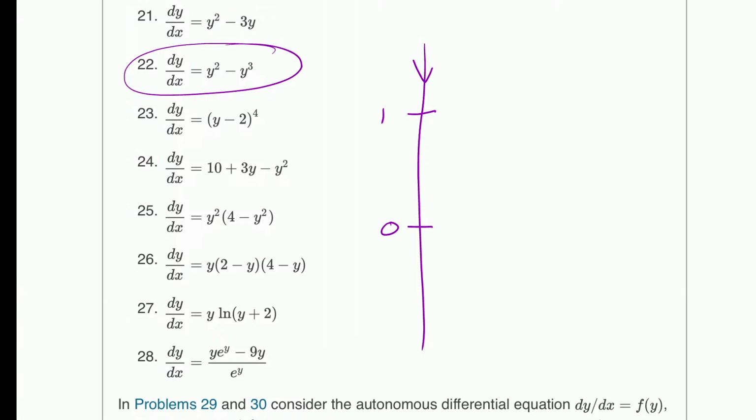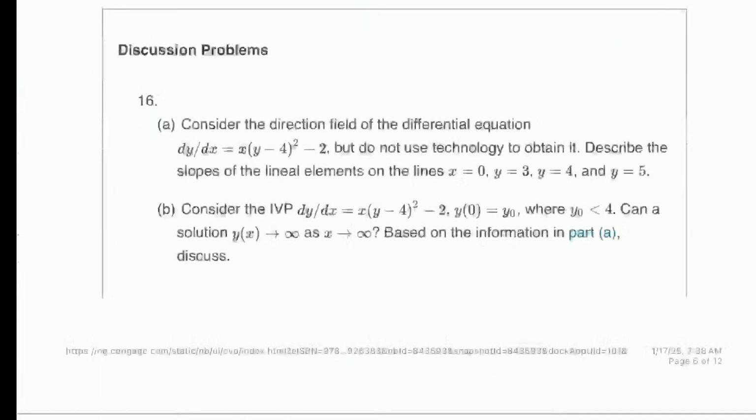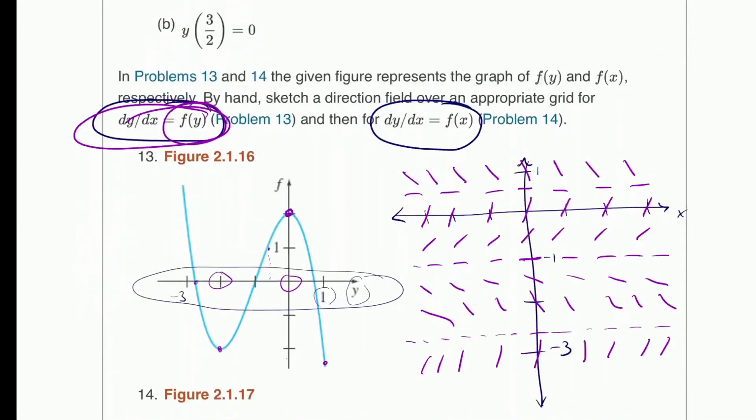When y is equal to -100, you're going to be going up. And then what happens in between there? When y is 1/2, you go up because the slope is positive. So that's this one. I don't know if that's one of the ones you had to do, but I'm just saying that this thing up here that we just did is similar to that because the slope field will be the same left and right.